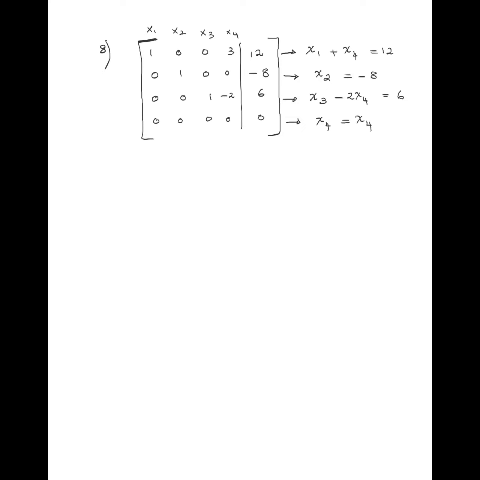Okay, so now we can solve for x3. From x3 minus 2x4 equals 6. And the second equation is x2 equals -8. So we have got x2 as -8. Now x1, let's take the first equation. X1 is going to be 12 minus x4.